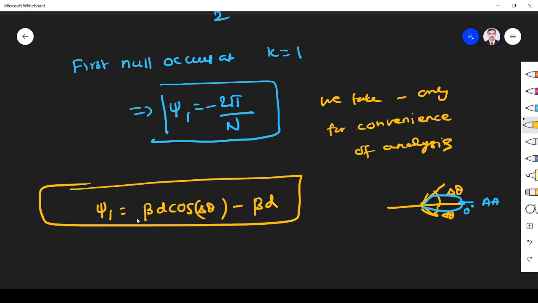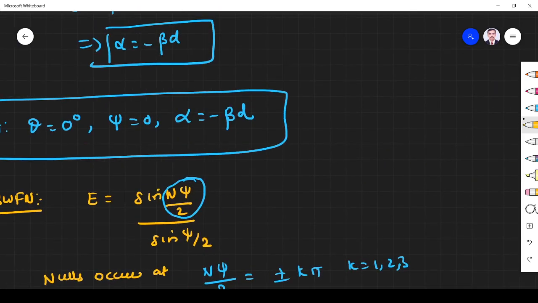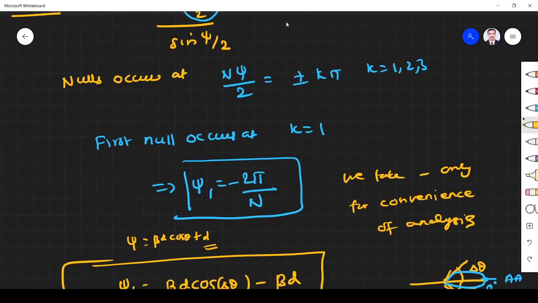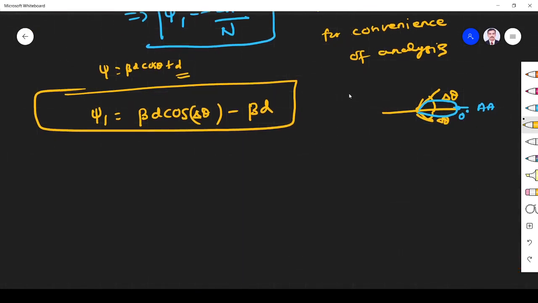So that is what I am writing. So first null occurs at beta d cos theta plus alpha, because we know psi is equal to beta d cos theta plus alpha. For End-fire array, alpha is equal to minus beta d. Just now we derived it. Yes or no? So I substitute alpha is equal to minus beta d. Null occurs at some del theta, not theta.